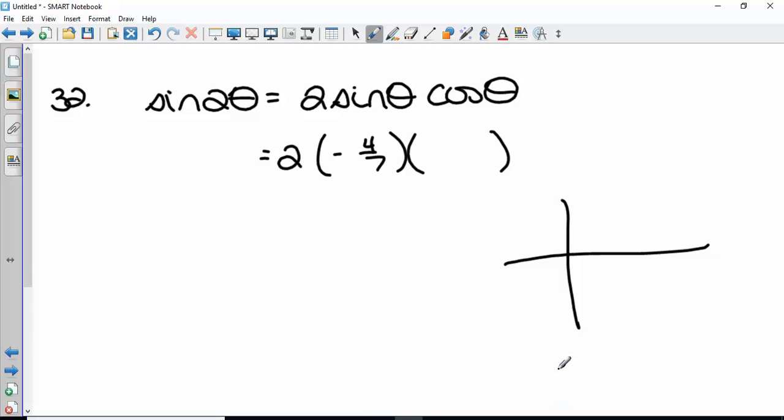We know that sine is negative. So if we think about the all students take calculus, sine is negative in quadrants 3 and 4. And then it says cosine is greater than 0, so cosine is positive, so it has to be quadrant 4. Okay, so then sine was opposite over hypotenuse, so my opposite side is negative 4, hypotenuse is 7. Find your missing side.